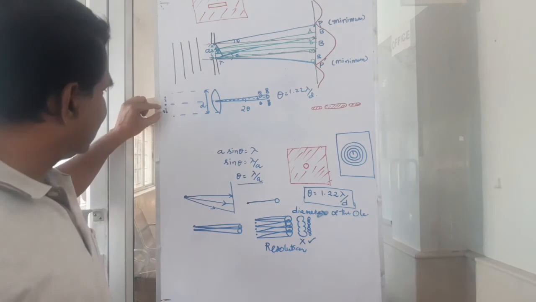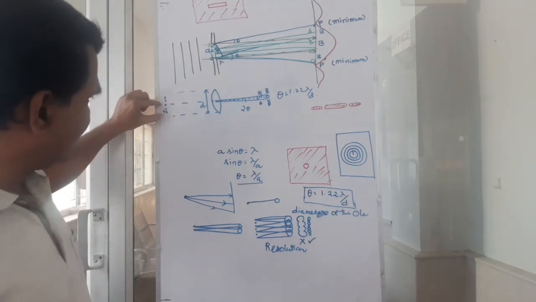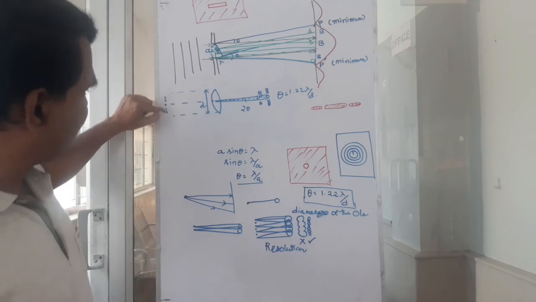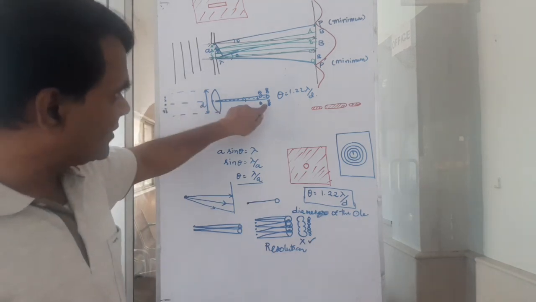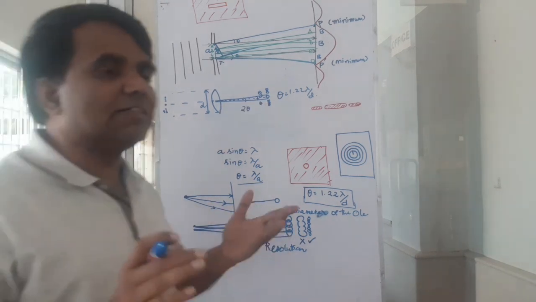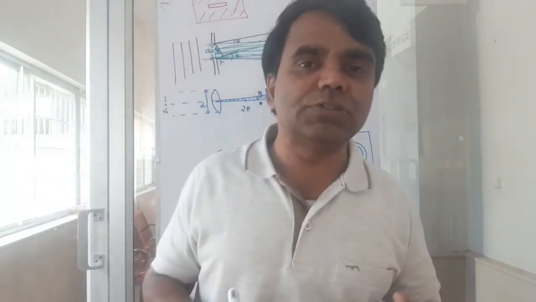Because you see this distance, as you reduce the distance between points, if you take a very, very close point, then you see that it is getting disturbed there. So that is the reason we are not able to see many details.